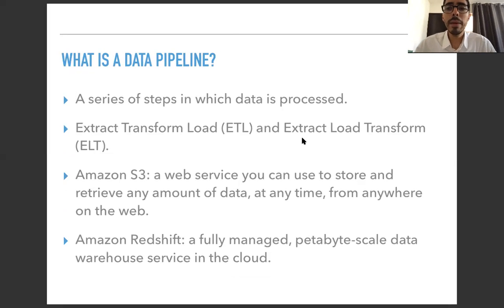What is the data pipeline? So a data pipeline, the simplest definition is a series of steps in which data is processed. Every time you have data and you do certain steps with that data, that is considered a data pipeline. Two of the most common ones are the ETL and the ELT. ETL stands for extract, transform, and load.